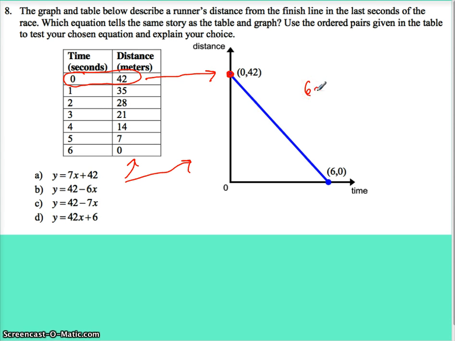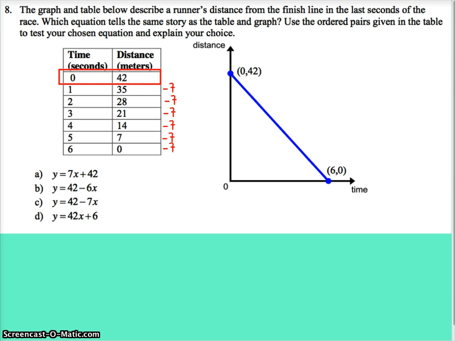In 6 seconds, he goes 42 feet. Which means in 1 second, he must be traveling 42 divided by 6, 7 feet closer, so I'm going to use the negative to indicate closer to the finish line, per second. And we see that over here too. Okay, we see that -7 rate of change.